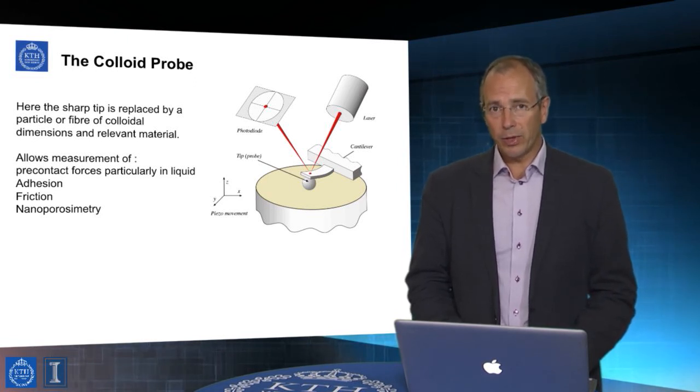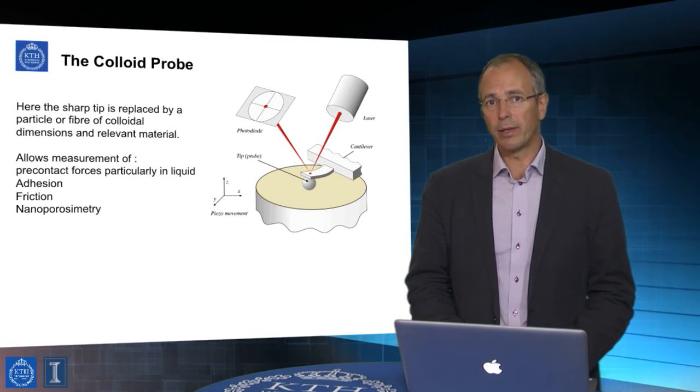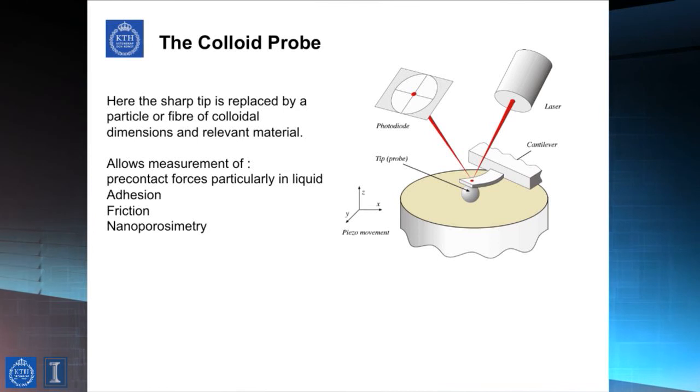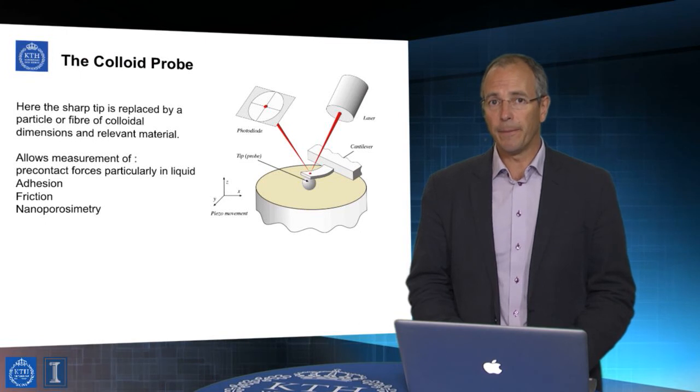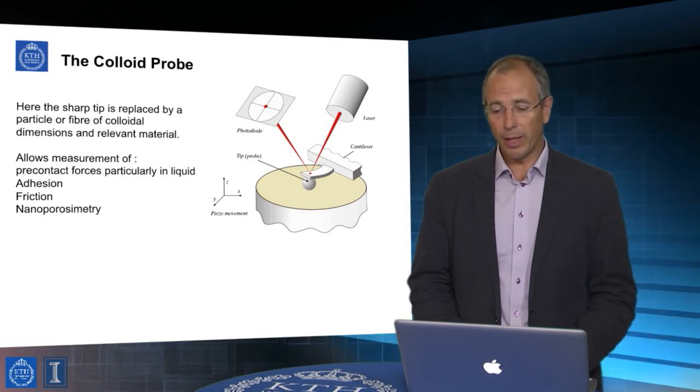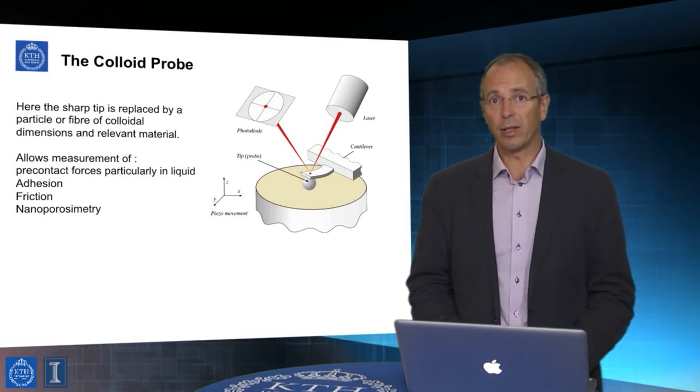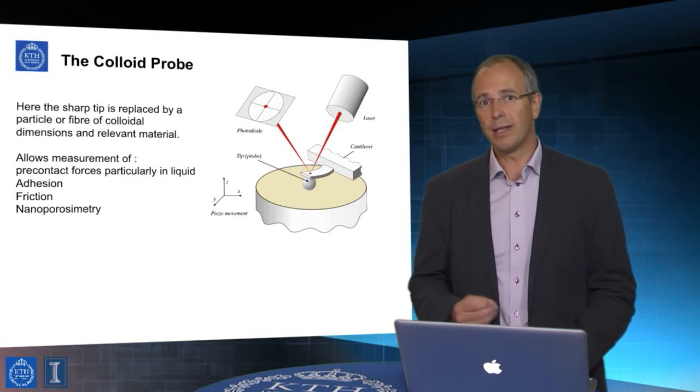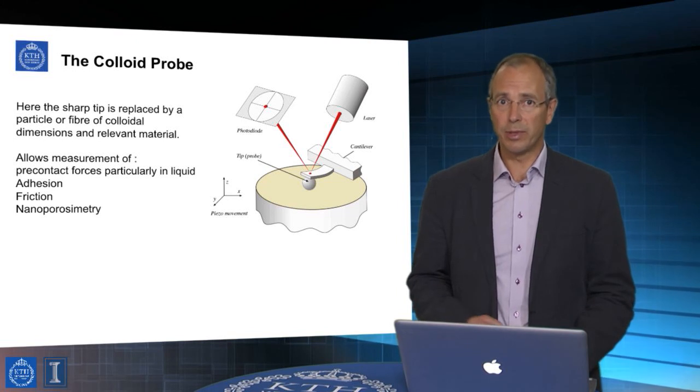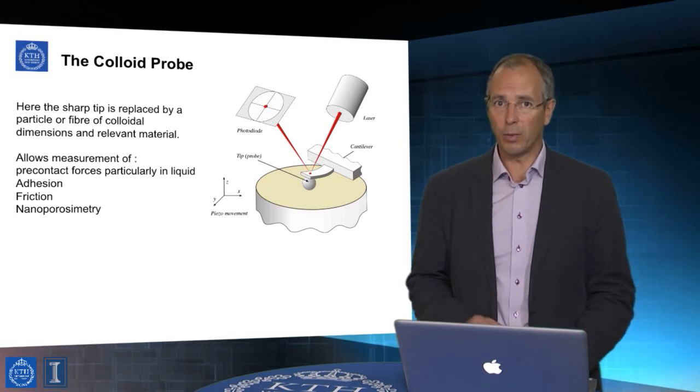Instead of using a sharp tip on the surface, we actually attach a fiber or particle of the material of interest to the AFM, and we use the force measuring and translational properties of the AFM to measure things like adhesion and material properties in that way. And the advantage of that is that we can actually probe the material properties of materials of interest instead of probe materials which typically come in only one or two materials.